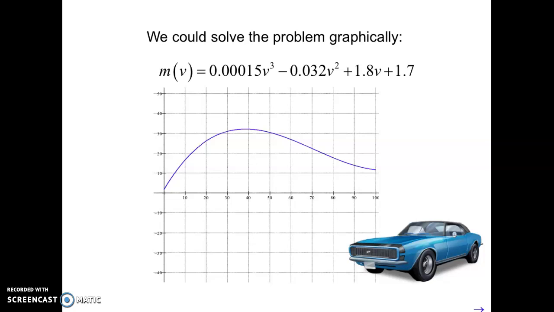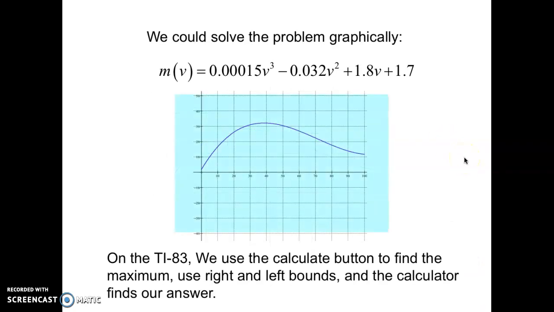We could graph this equation on Mathematica or a graphing calculator, and the graph looks something like this, where the velocity v is between 0 and 100 miles per hour, for most cars anyway. And it looks like right about here is the maximum value of this particular function.